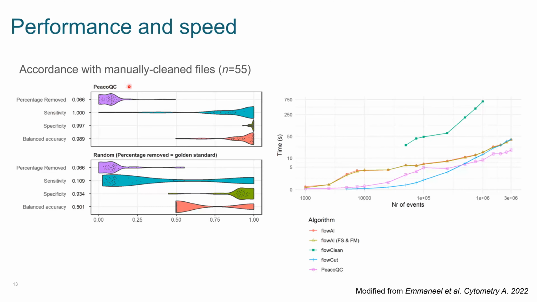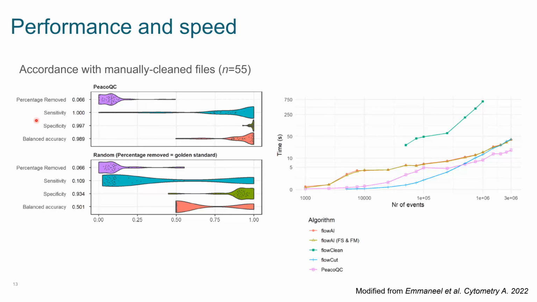Okay. So you can see in this case, it removes about the same amount as the scientists removed, right? So how many events got removed from each of the files. It had really nice sensitivity, so the ability to find the same anomalous events that the scientists found manually, and also nice specificity, right?